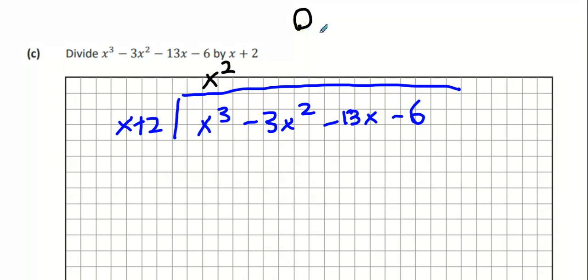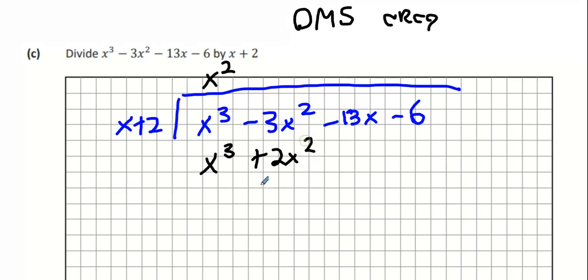Divide, multiply, subtract, drop. Multiply next. X squared by x cubed. X squared by 2, 2x squared. Subtract. If it's plus, change it to a minus, and if it's minus, change it to a plus.